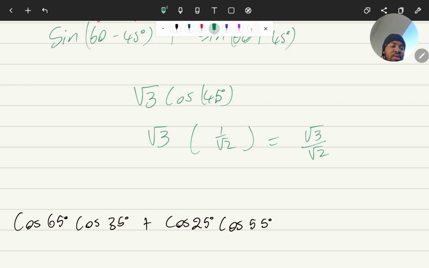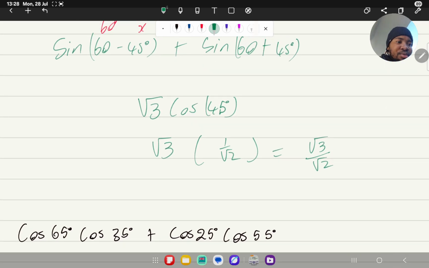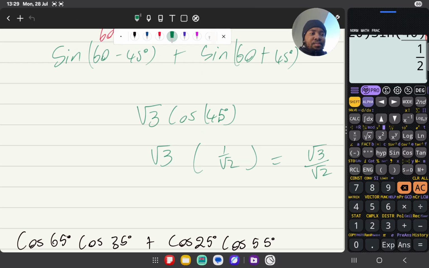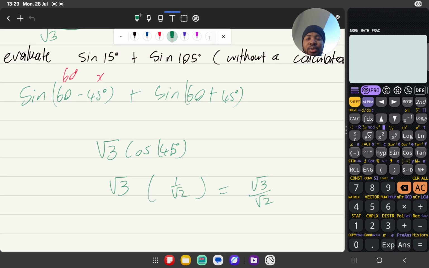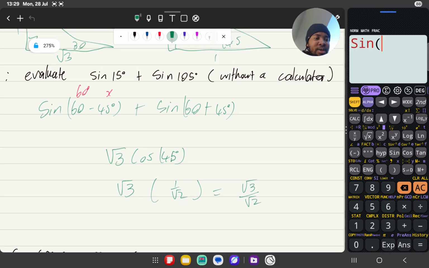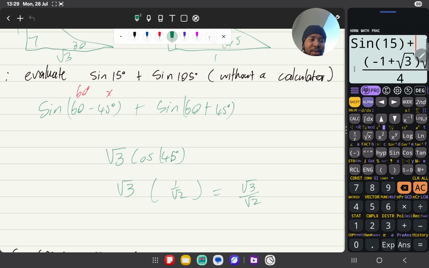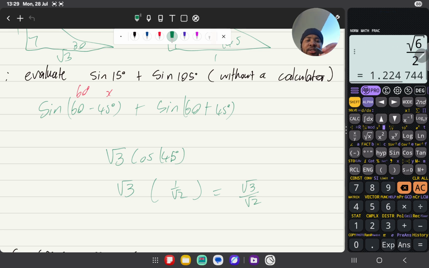So let me see if I can do a multi-window. Cool. So now I'm going to test sine 15 plus sine 105, and I am getting square root of 3 over square root of 2, which in a way you can say is times square root of 2 over square root of 2.